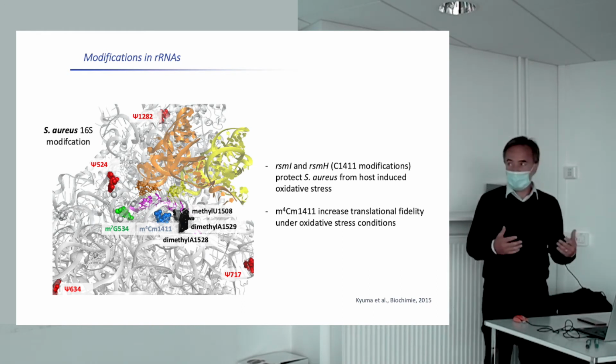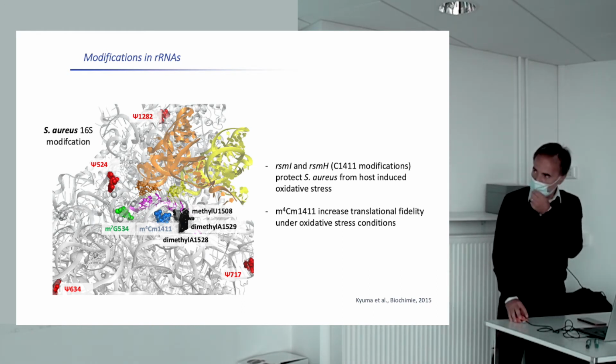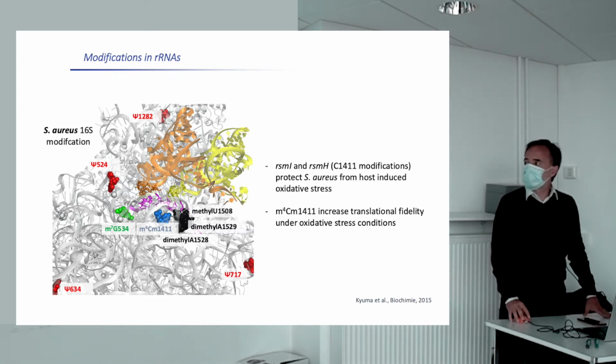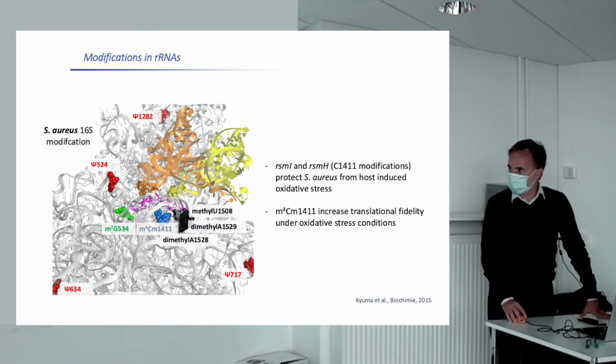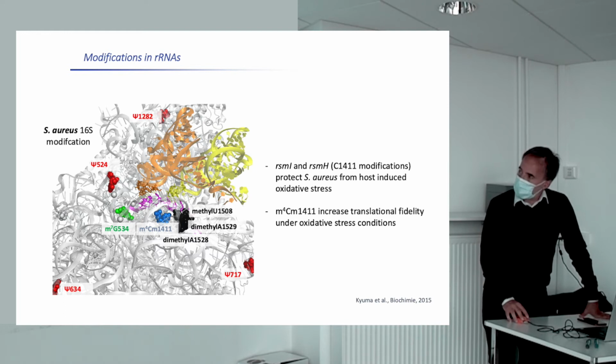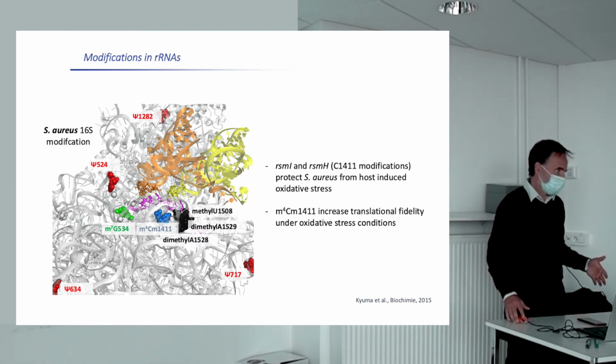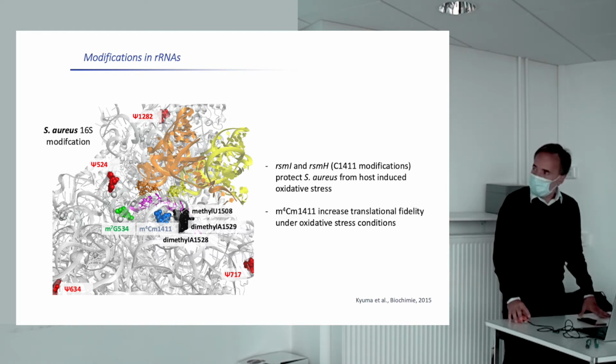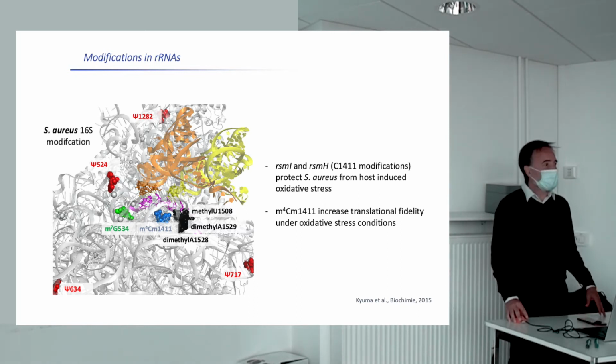Okay, so we have mapped several modifications in the Staphylococcus aureus ribosome, and the numbering that you see on these modifications is Staphylococcus aureus numbering. For example, I'm going to speak about a specific nucleotide that is demethylated, the 1411.